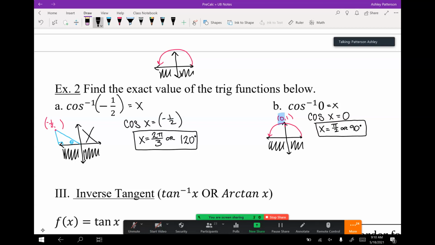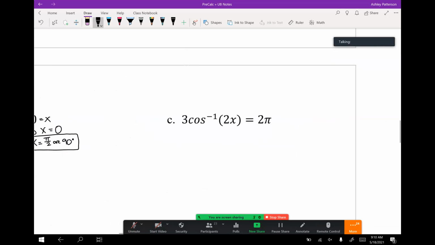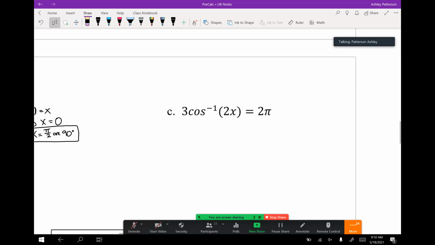All right, one more example for example number 2, and then I'll take questions if you have them, although you guys are great about asking questions when you need. All right, so here it's not just an expression. So we are going to have to move some things around. We need to isolate the term with the variable. So let's divide by 3.